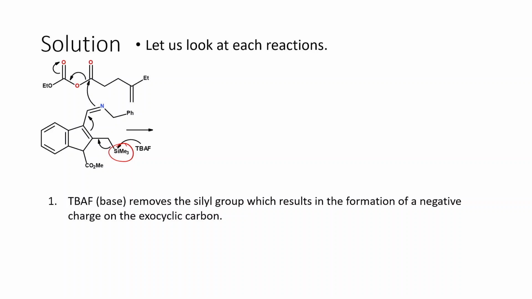So the TBAF base has a very strong tendency to react with silicon, and most of the deprotection reactions involving silyl ethers are generally carried out with TBAF. So that is the first step that leads to an anion formation on this particular carbon atom.